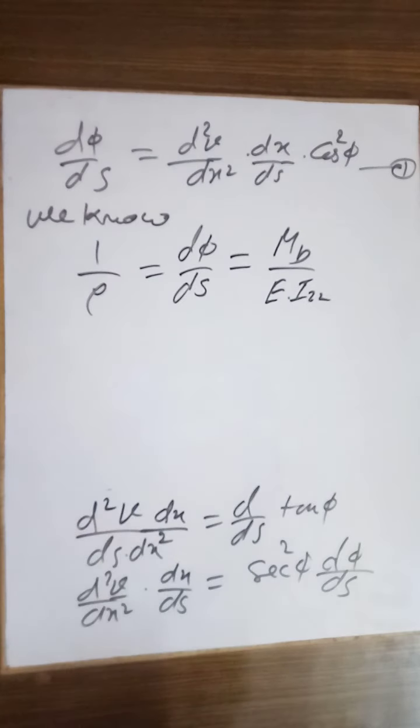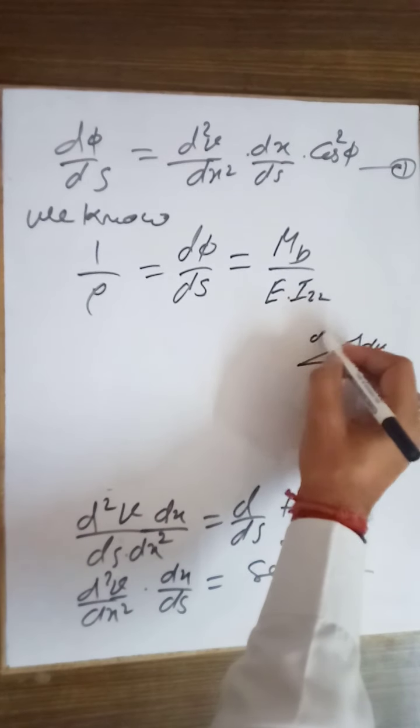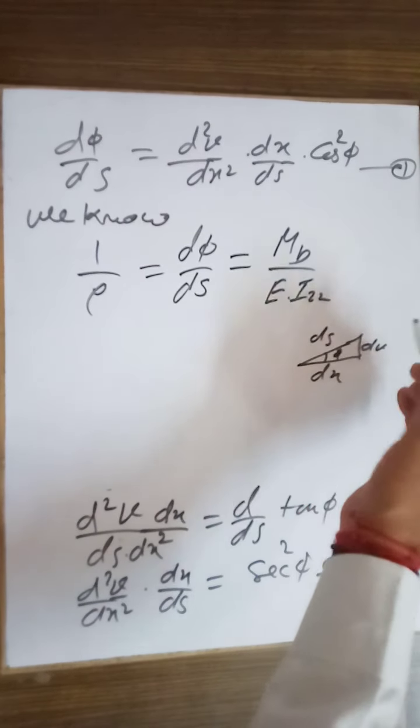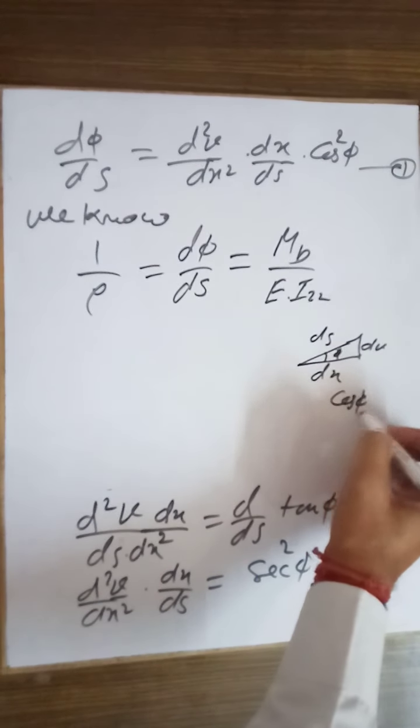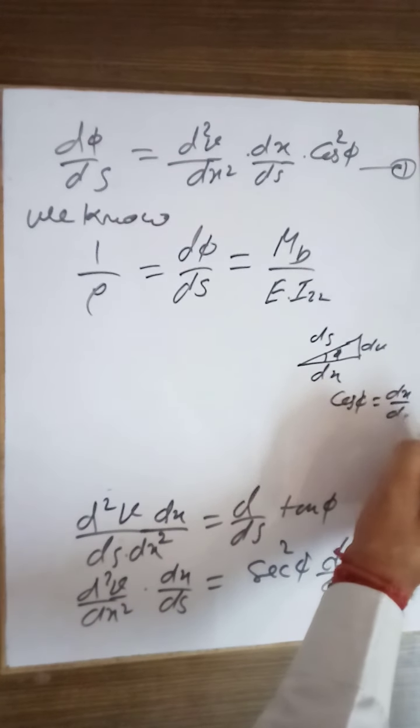Okay, so simply if we apply some simple trigonometry, let me draw again the same structure to help you understand. It was our dx, and here is dv, and it's ds, this is phi. So we can say cos phi is equal to dx by ds.